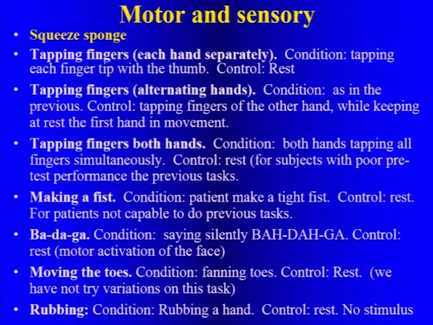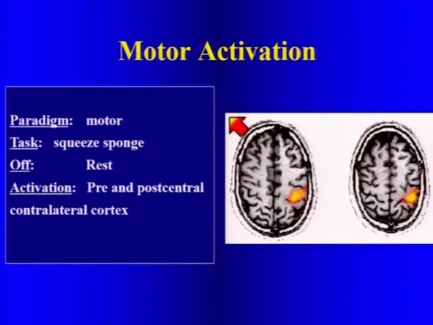We actually rub the hand, and we extend the fingers of the hand while the patient's in the magnet. We are working on something to try and automate that, but currently we have to climb in the scanner if the patient needs motor.